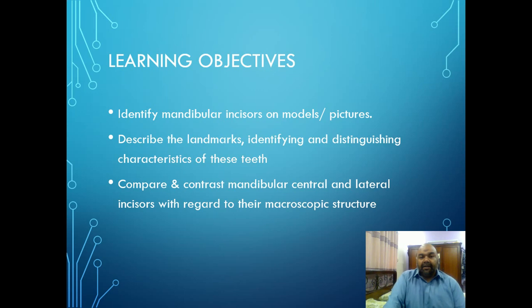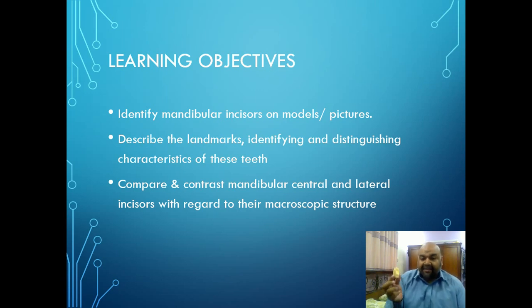The learning objectives of this online session are to identify the mandibular incisors on the models as well as the pictures, and to know their identifying and distinguishing characteristics. In the third section of individual identifying and distinguishing characteristics, we have five surfaces of teeth: the labial surface, the lingual surface, the incisal surface, and the mesial as well as the distal surface, which are known as the proximal surfaces.